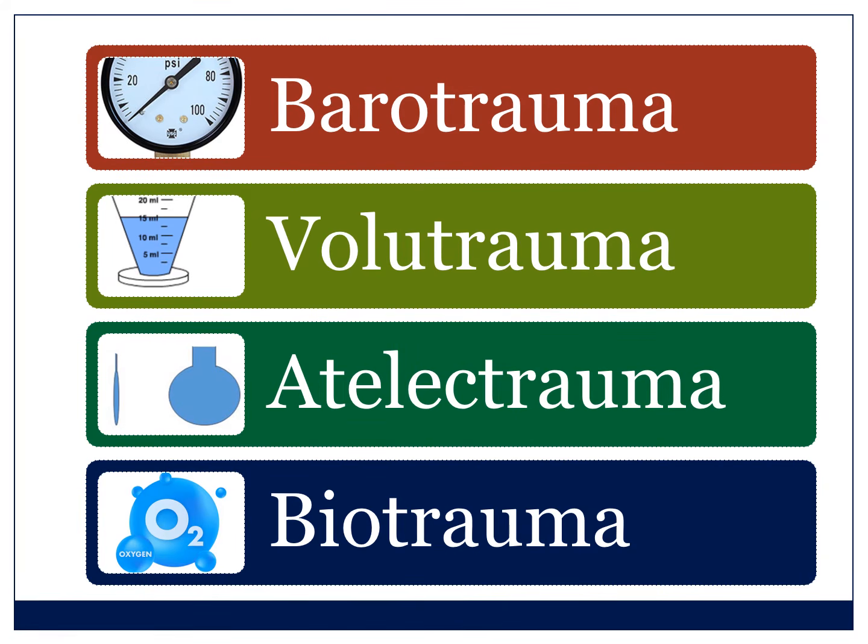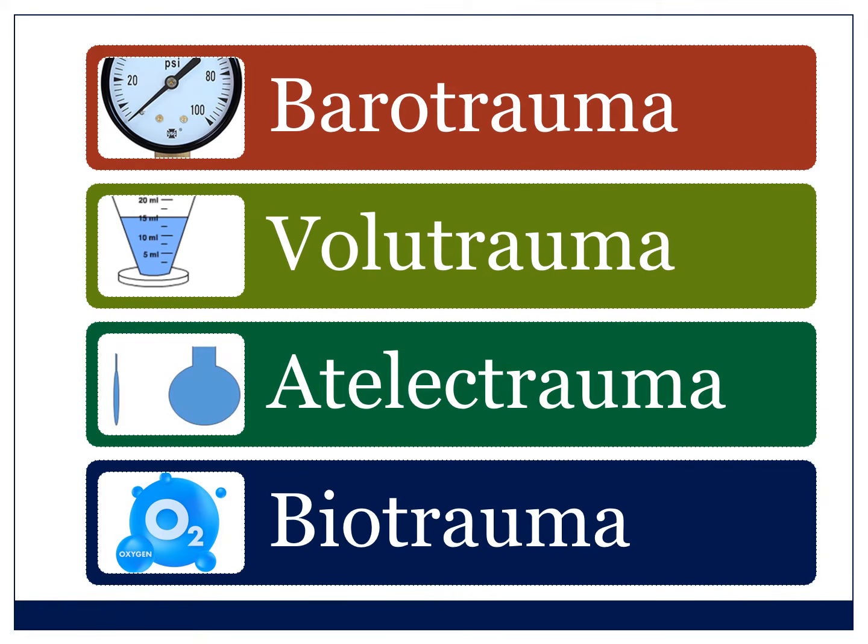And finally, there's biotrauma. And really, in our setting, that relates to oxygen. That's just a reminder that oxygen is toxic. As soon as you go over 21%, which is pretty much what room air has, that starts to damage lung tissue. So while we start anesthesia at 100% oxygen, you want to come down to whatever the lowest safe level is for anesthesia.